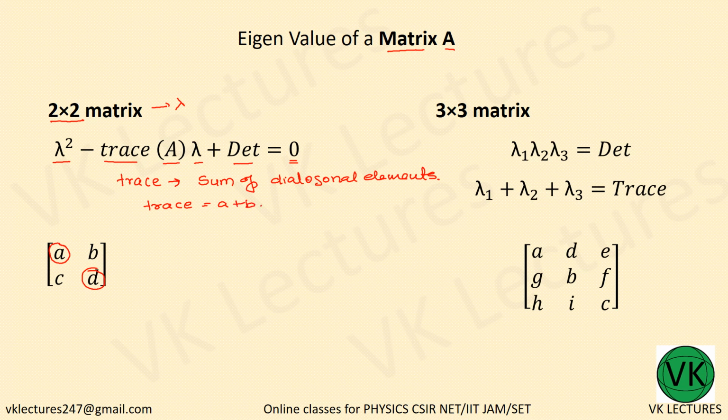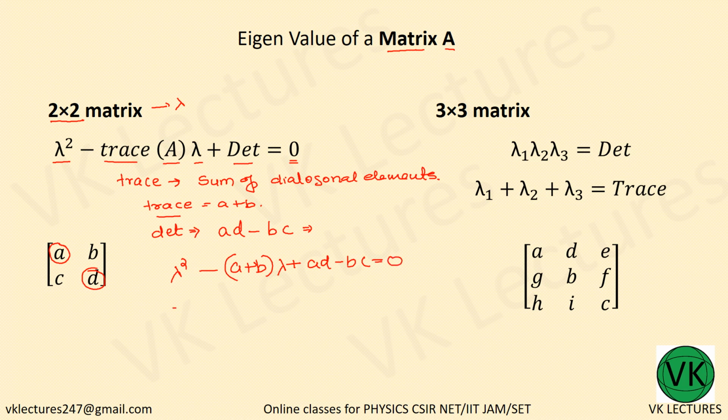What is the determinant for this 2 by 2 matrix? Determinant is equal to AD minus BC. Now put this trace and determinant in this equation. So lambda square minus (A plus D) into lambda plus (AD minus BC) equals 0.